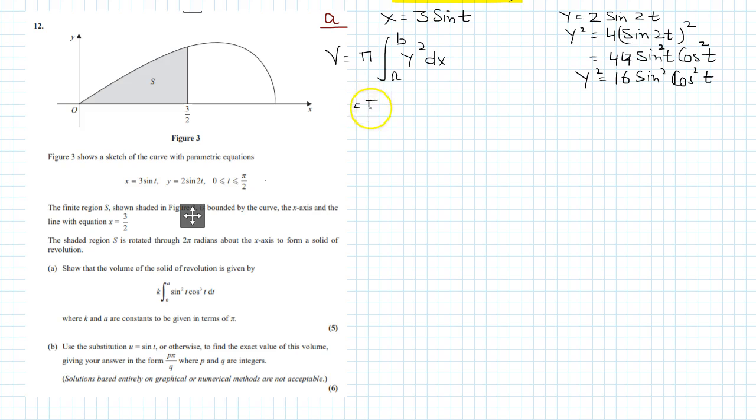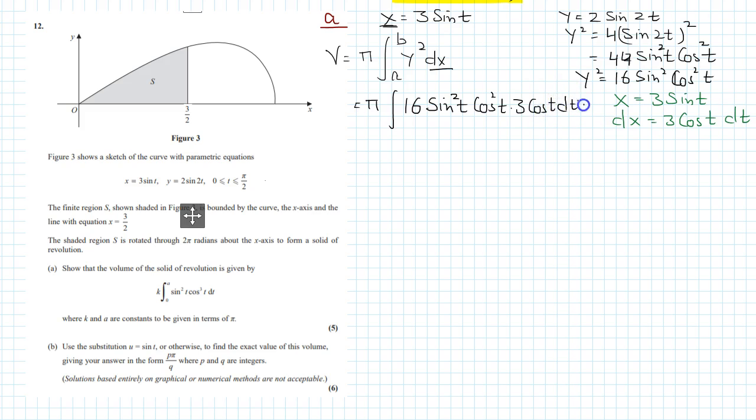So this is equal to pi, y square is 16 sin square t cos square t. Now dx. So differentiate this. X is equal to 3 sin t, so dx is equal to 3 cos t dt. So multiply by 3 cos t dt.